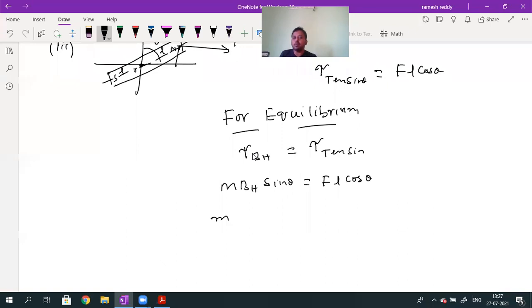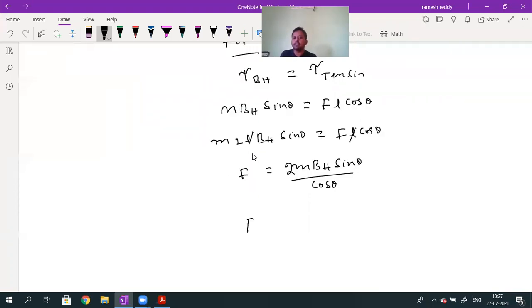Capital M can be written as small m into 2L, so small m into 2L into BH into sin theta equals F into L cos theta. L cancels. F will be equal to 2 into small m into BH into sin theta divided by cos theta, which is tan theta. So F equals 2 m BH tan theta.